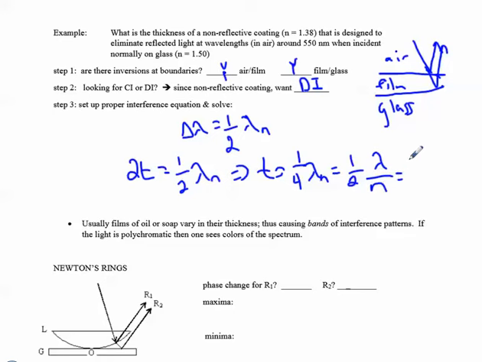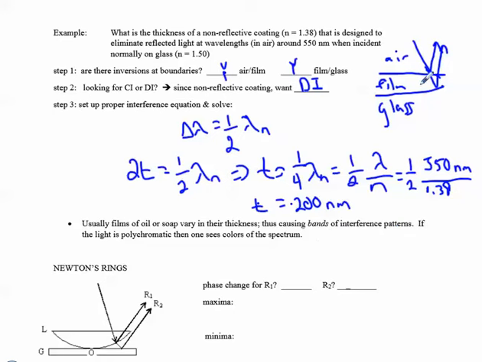So we get t equals 1/2 times 550 nanometers, we can leave the wavelength in nanometers, divided by 1.38. Punch out the numbers and we see that t is 550 divided by 2 divided by 1.38, which is almost exactly 200 nanometers.